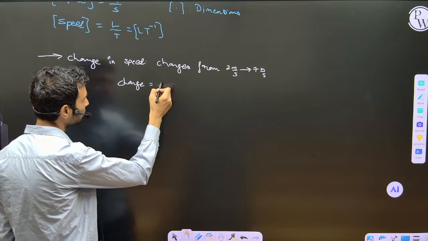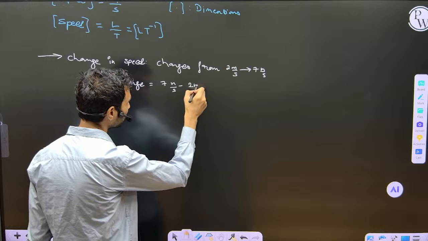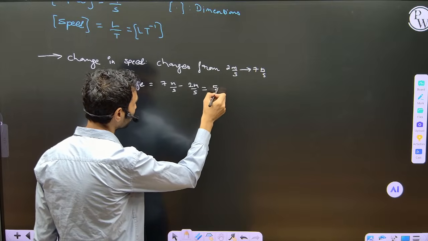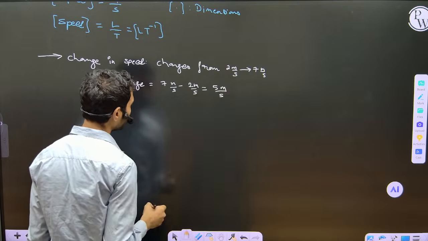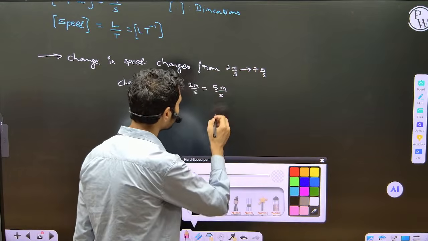Change is equal to final minus initial, and this is equal to 5 meter per second. So the unit of change in speed is also meter per second.